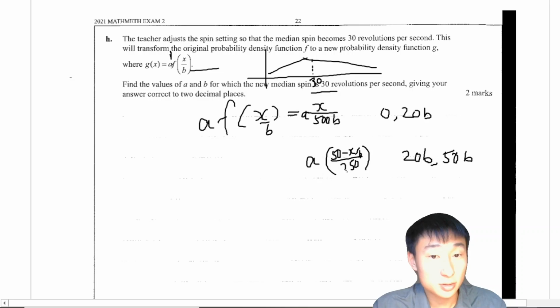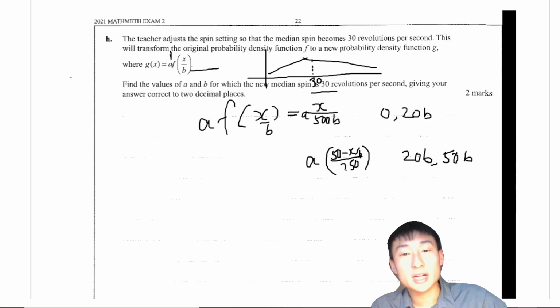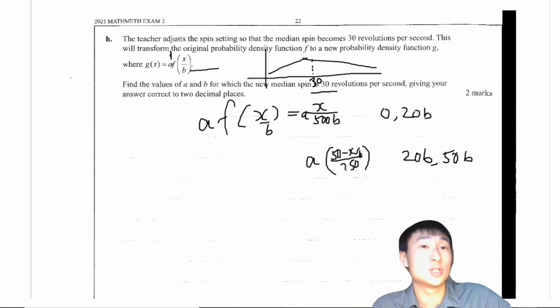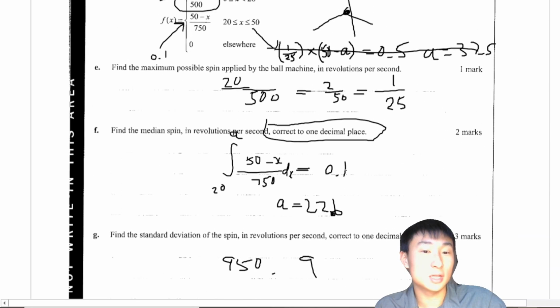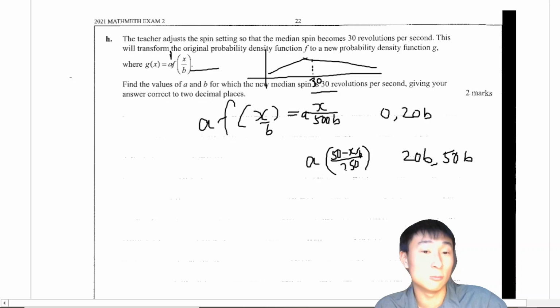Well, actually, we know that dilation away from the y-axis, which is b, has to be, because the previous median was 22 and now it's 30, which means that b is greater than 1 and a is less than 1. What does that tell us?